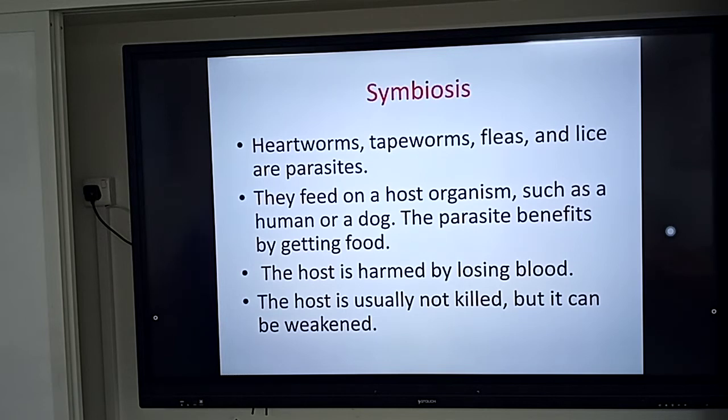The host is usually not killed, but it can be weakened. In the parasitic relationship, the host often is not killed, but it can be weakened by the effect of parasites, because parasites can harm them.